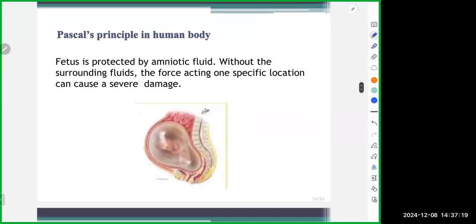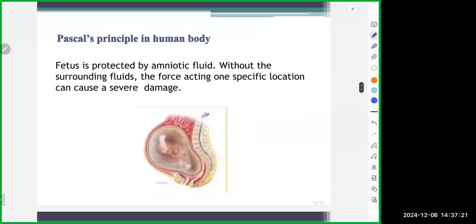Another one is about the fetus. The reason that there is surrounding fluid around the fetus is that when the baby tries to move, the stomach of the pregnant woman would not explode.